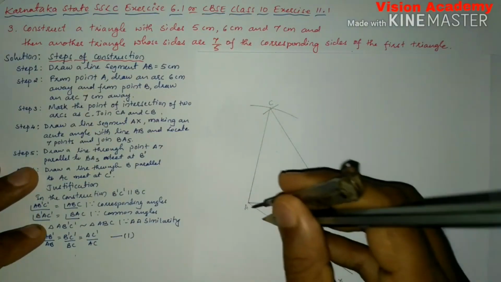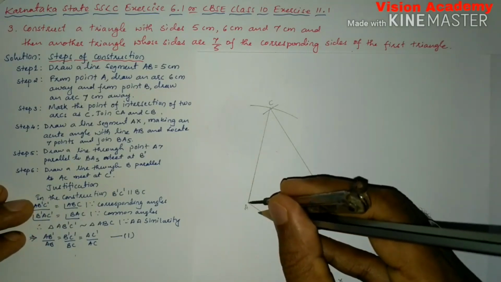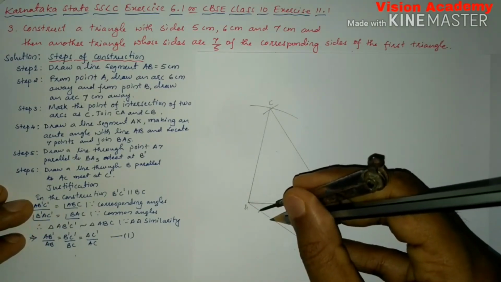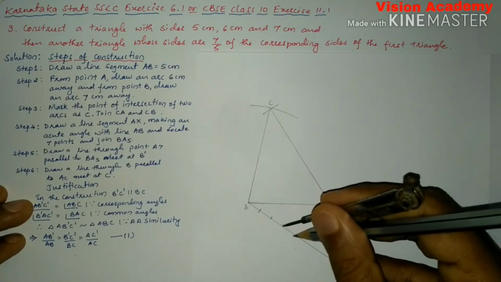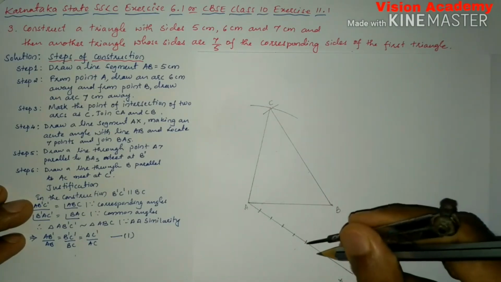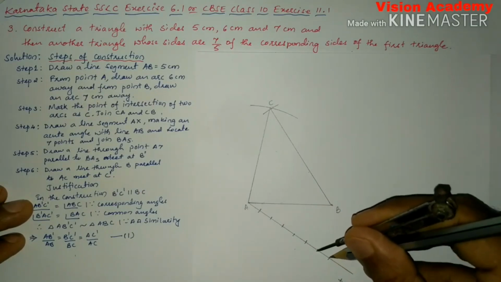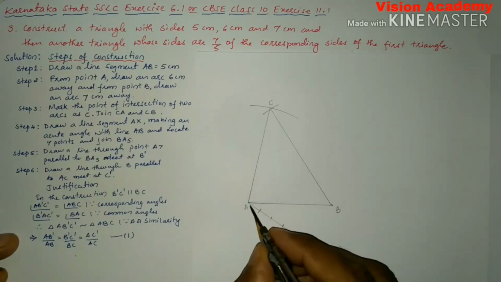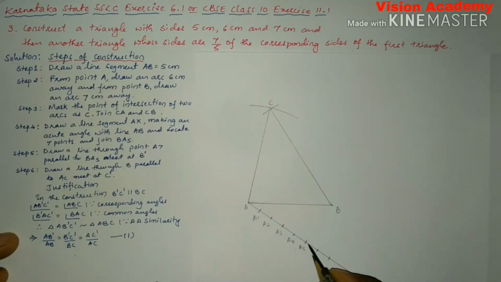So here we'll start from A. This is 1, 2, 3, 4, 5, 6 and 7. Now let us name them as A1, A2, A3, A4, A5, A6 and A7.